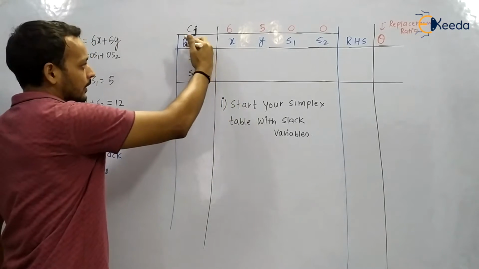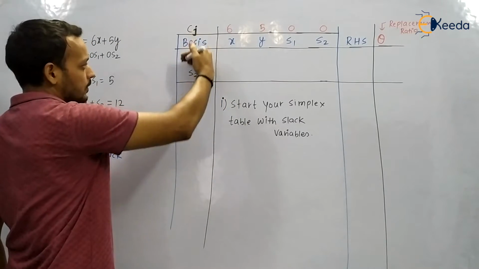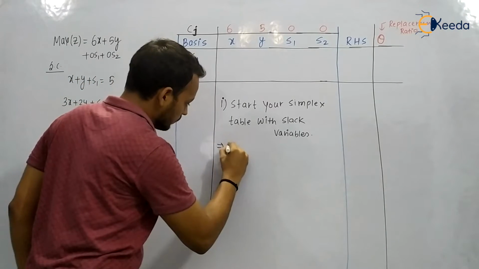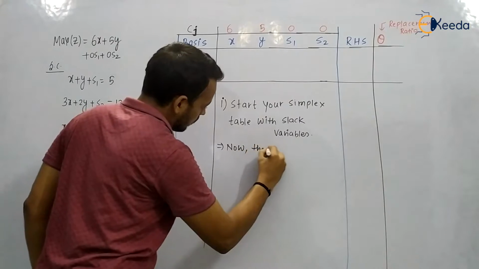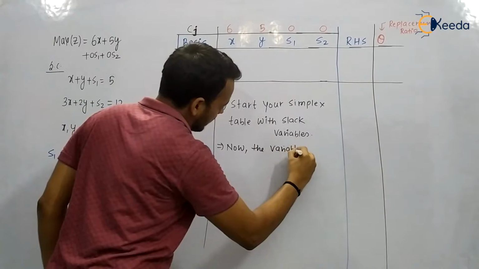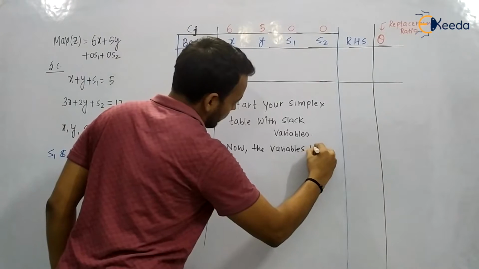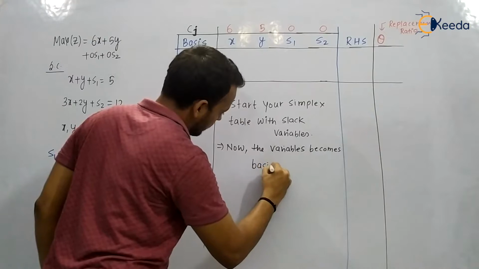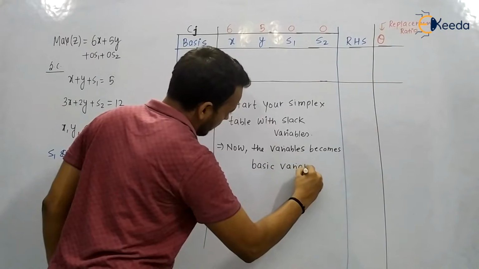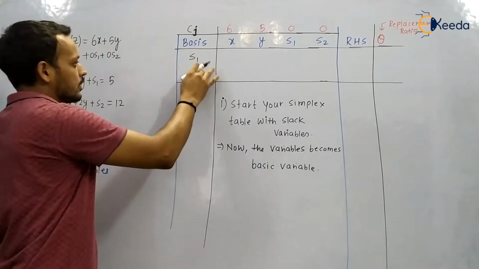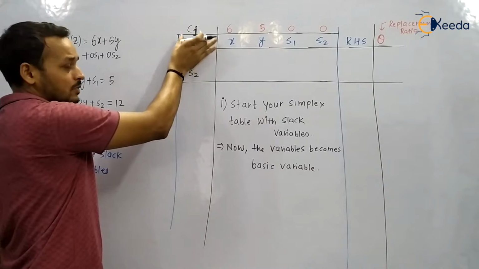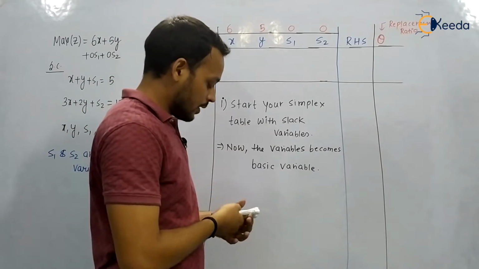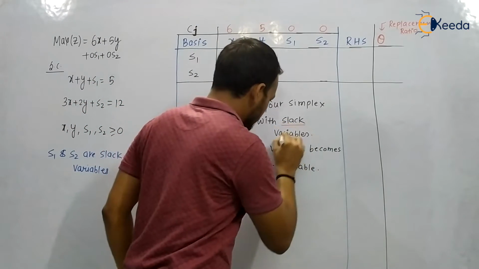These slack variables which are written in this row are also known as basic variables. Since it is basis, meaning basic variables, we have to start our simplex table with the help of slack variables.